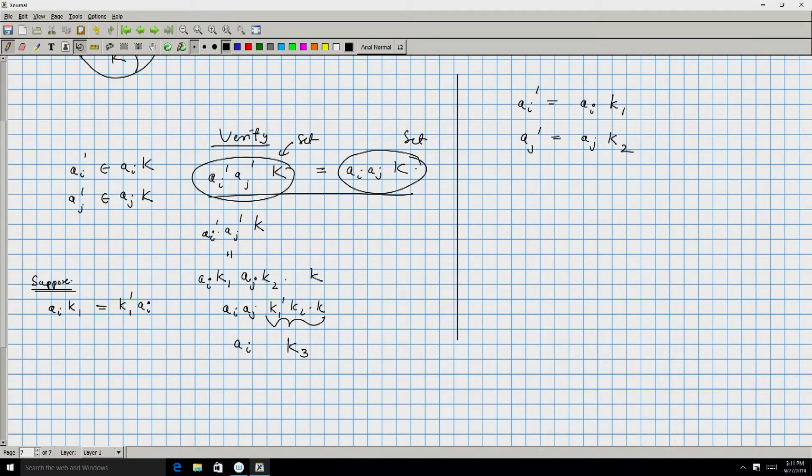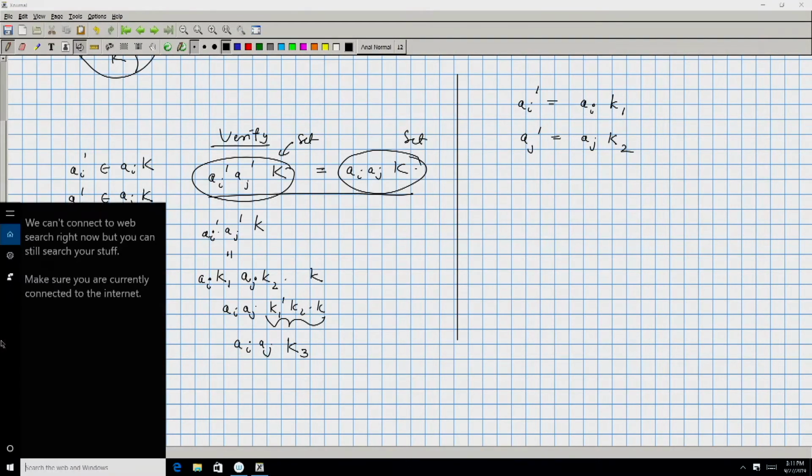So, we will get AiAj and k3, and that is going to be an element of the set AiAjK. Okay. So, what we need to show really is that Ai k1 is equal to k1 prime Ai.